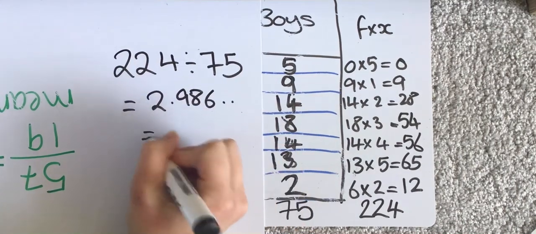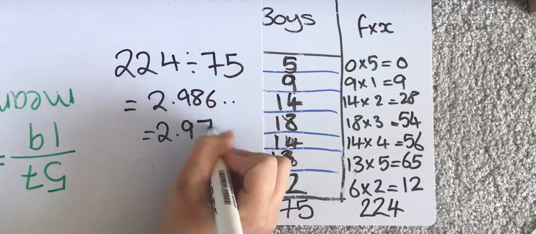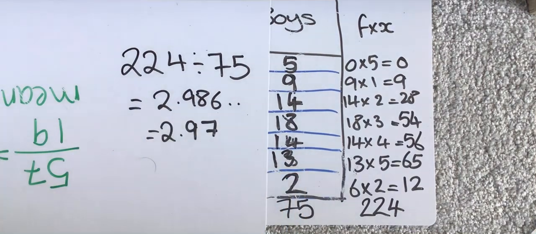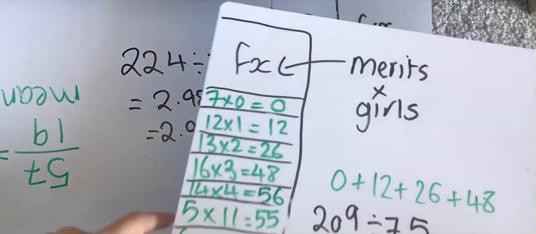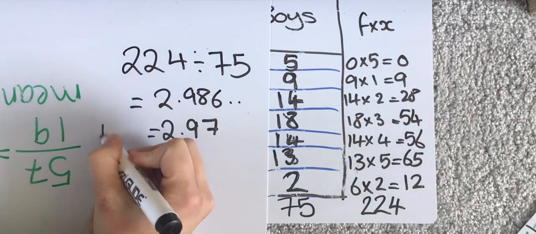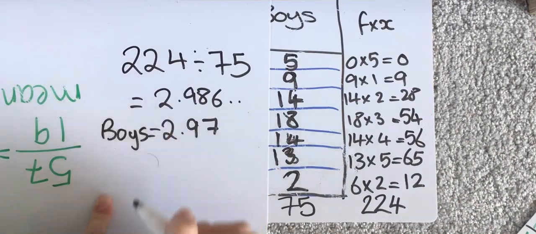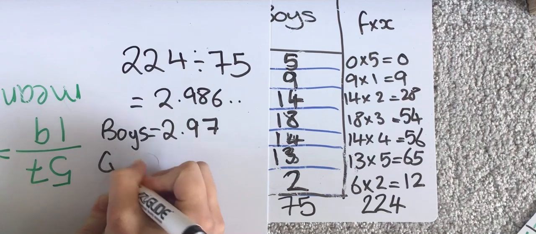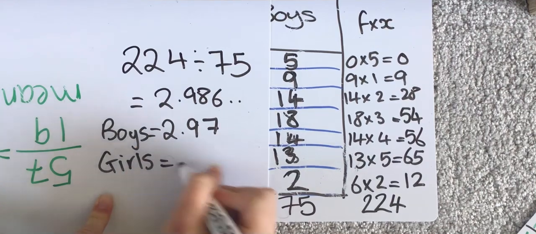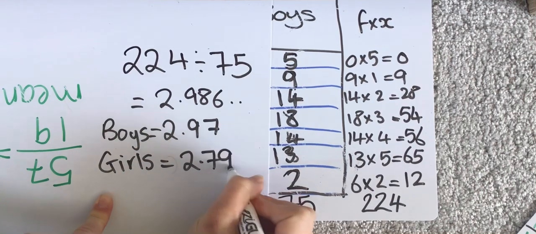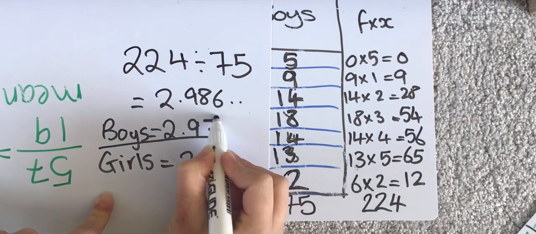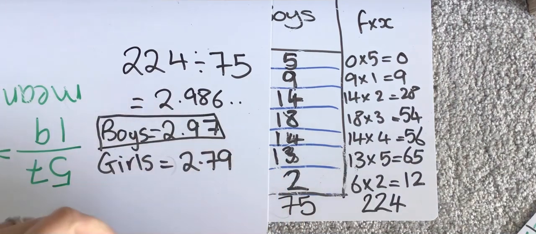And again, I might want to round that to 2.97. Now, if it asks you to compare, on average, who's got more, boys have got 2.97. Girls, which I worked out earlier, have got 2.79. So boys, on average, get more merits.